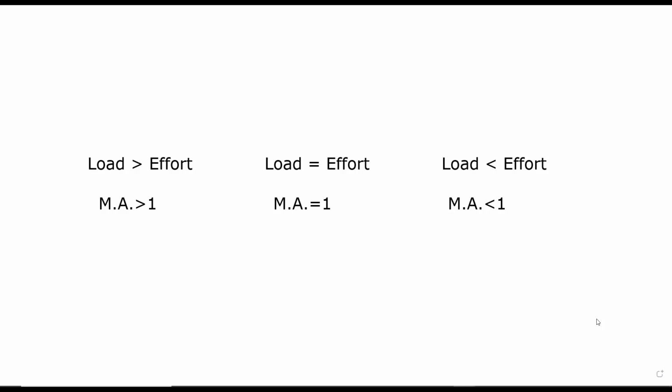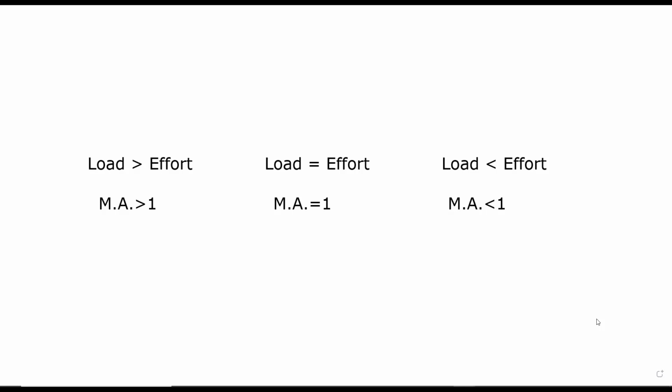Second case, when load is equal to effort, then mechanical advantage is also equal to 1. Here, effort is applied in a convenient direction. Example, pulley. Third case, when load is less than effort.